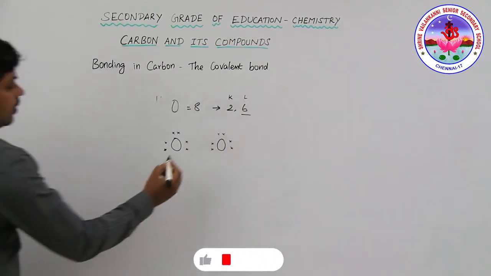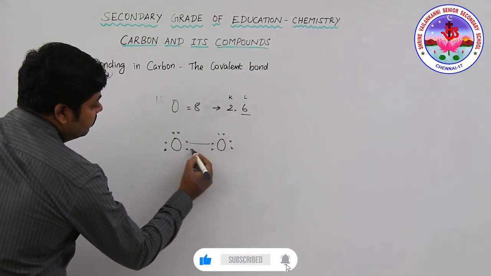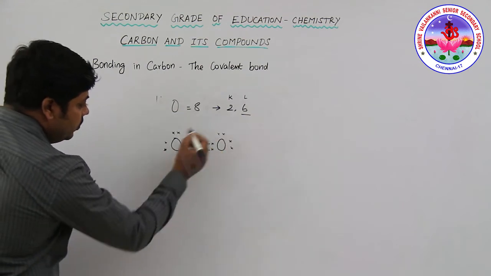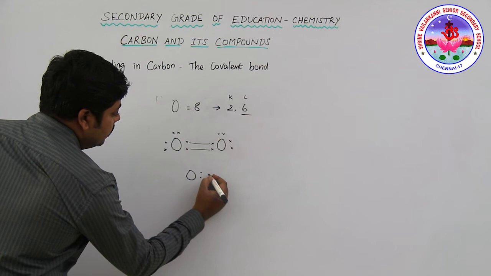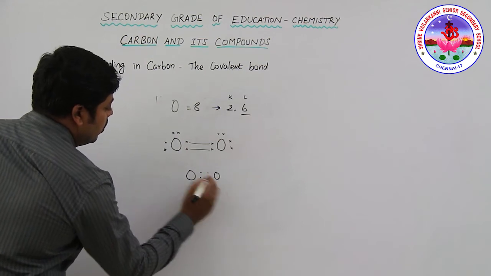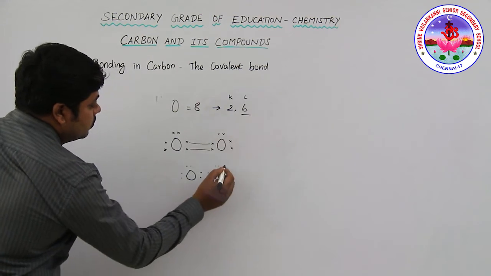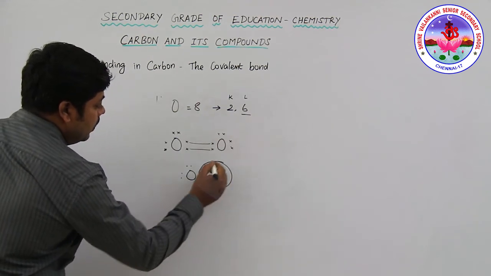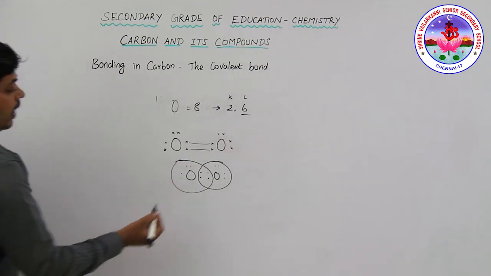Now, in the formation of the O2 molecule, combining these two, what happens? I am writing it like this. This is one atom and it overlaps with another oxygen atom.